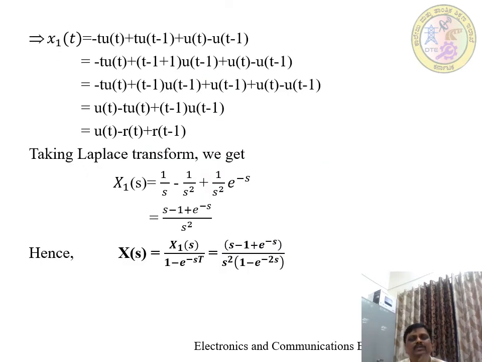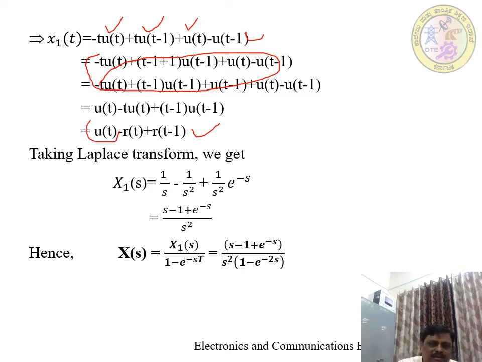Therefore, the same thing written in terms of the equation, x1 of t is equal to minus t u of t plus t into u of t minus 1 plus u of t minus 1. If I do these mathematical operations, then finally I will get x1 of t equal to u of t minus r of t plus r of t minus 1.